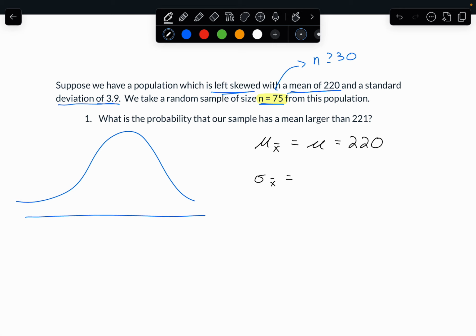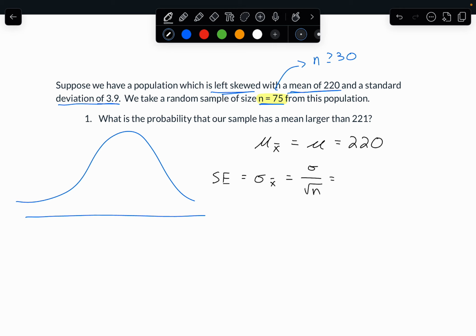And the standard deviation, sometimes this is called the standard error. I am not really a fan of that terminology, but you may come across some resources online that use that notation. I prefer the standard deviation of the sampling distribution. It is the same as the population standard deviation divided by the square root of our sample size n.